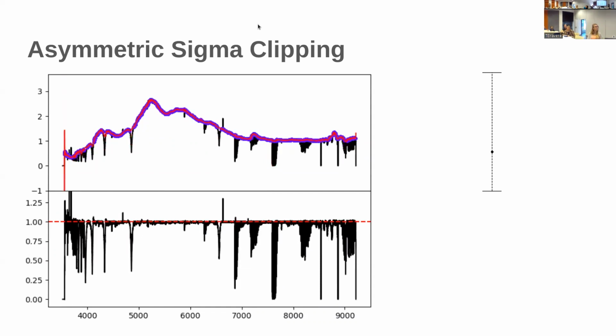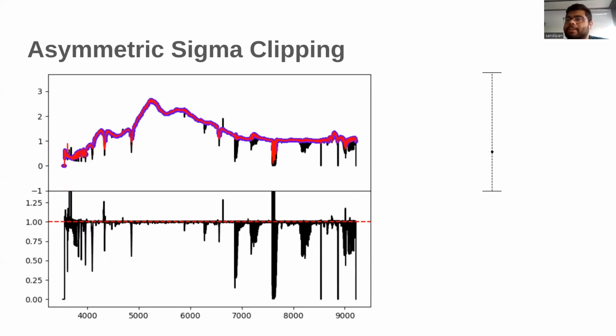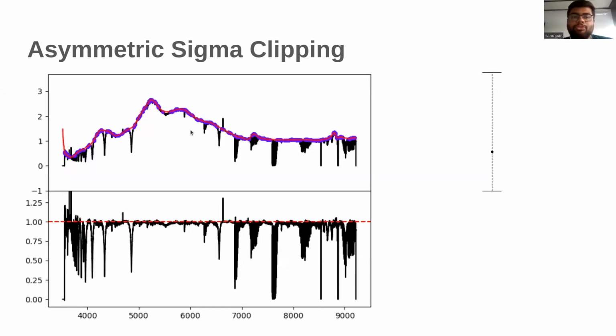From what I have tried, if those jumps are not quite that instantaneous in wavelength, then it can trace the jumps. But it can be difficult if those jumps are quite strong.